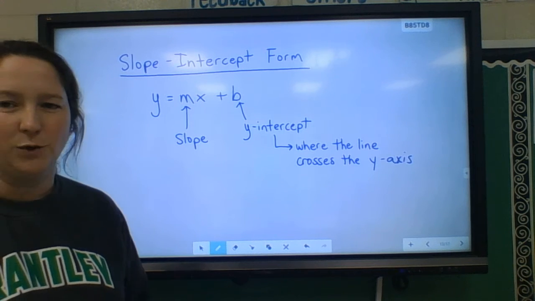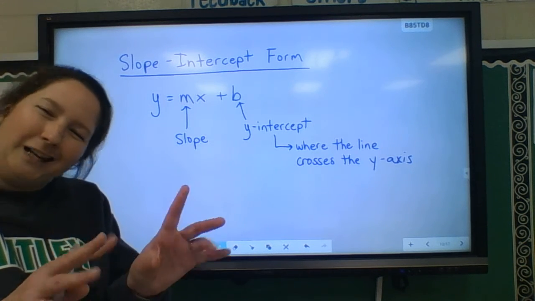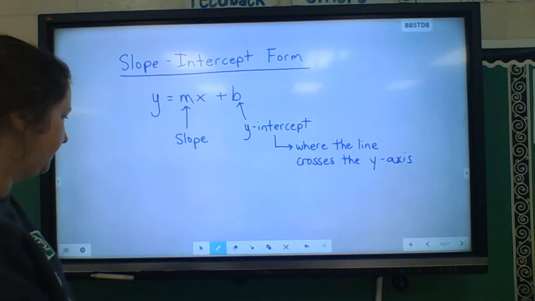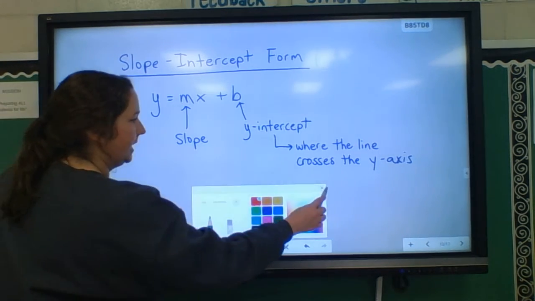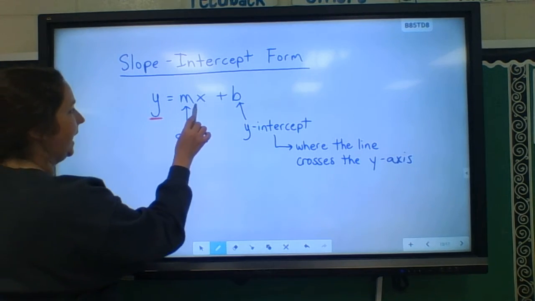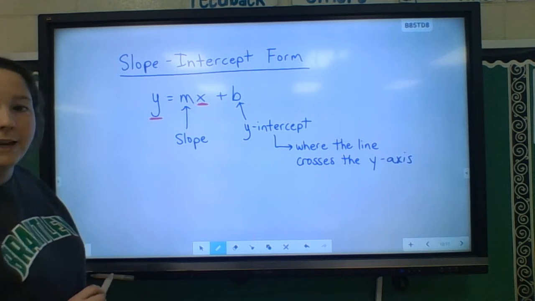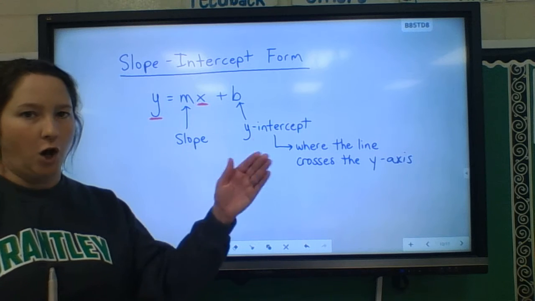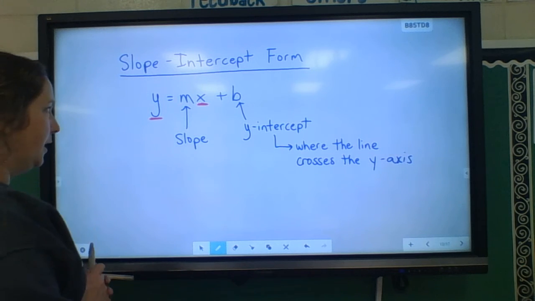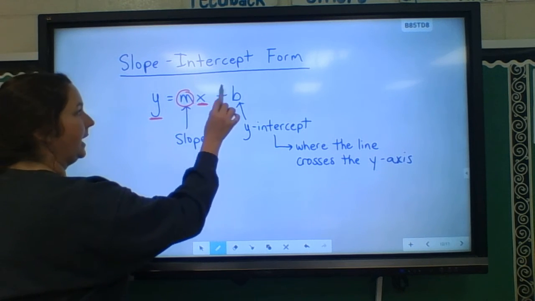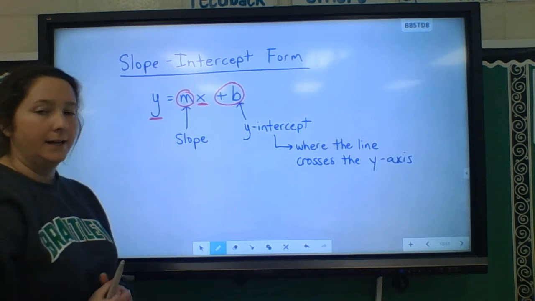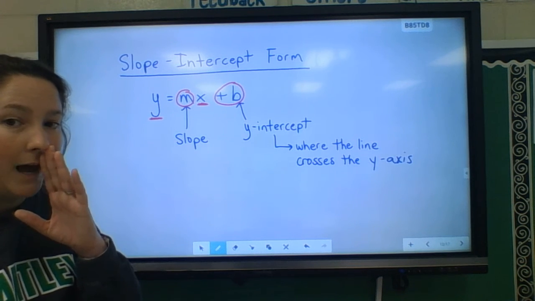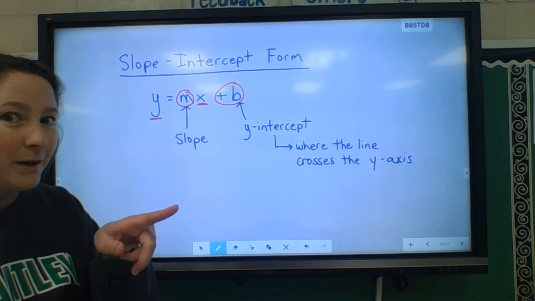So again, this is sort of kind of like a formula, not really, sort of kind of. The y and the x never change. It's always a y, there's always an x. Your m and b, notice I circled the plus sign, I do things on purpose.